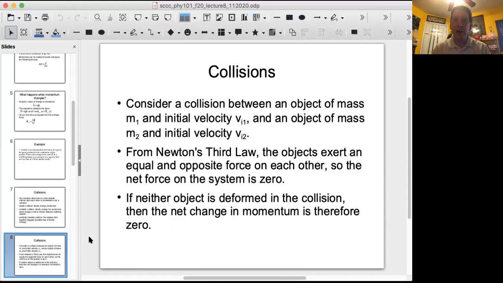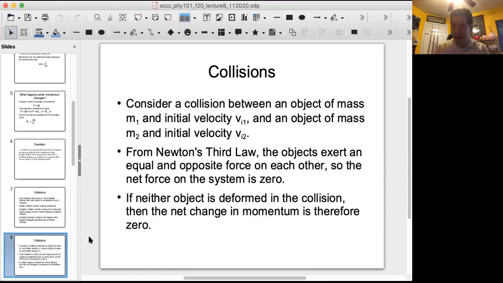Now, here's the key with momentum, and this is why momentum is such an important thing to study and understand. Let's start with the collision between an object of mass m1 and initial velocity vi1 and an object of mass m2 and initial velocity vi2. From Newton's third law, every action has an equal and opposite reaction. The objects exert an equal and opposite force on each other.